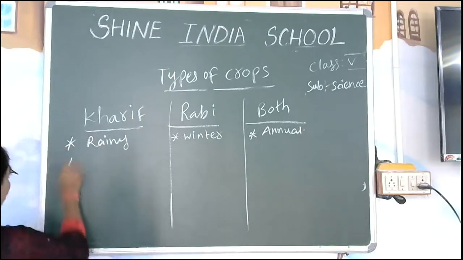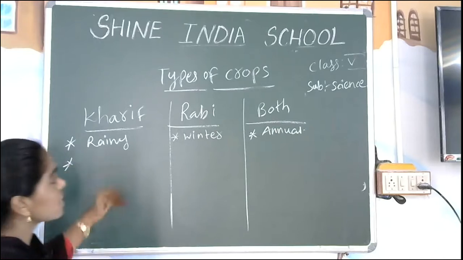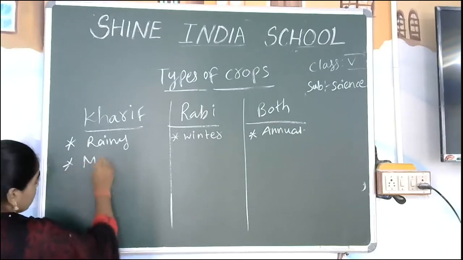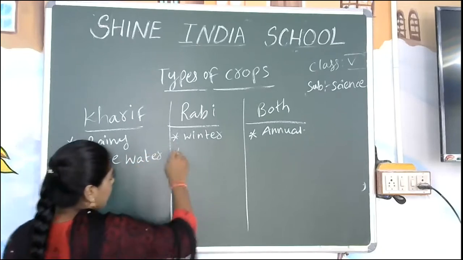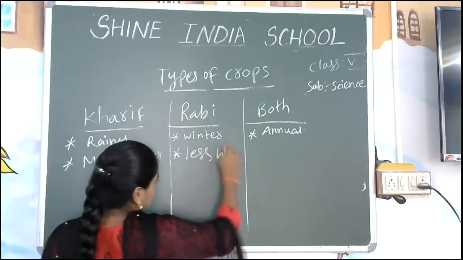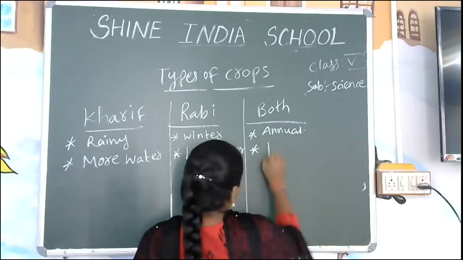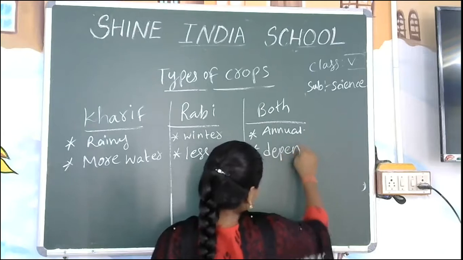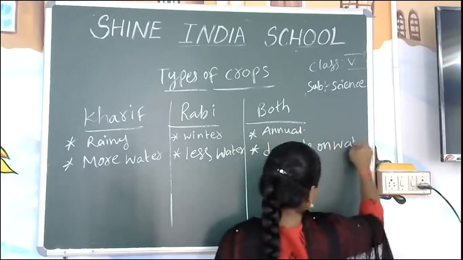Now I am going to go through the examples. Next one, Kharif season needs more water, and Rabi season needs less water. And the next one depends on water availability.